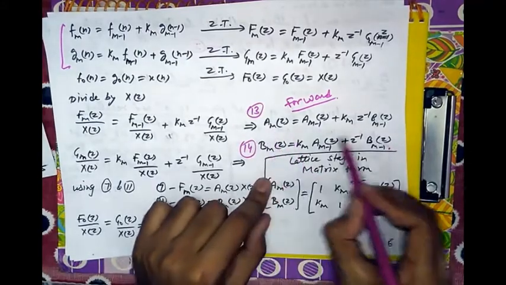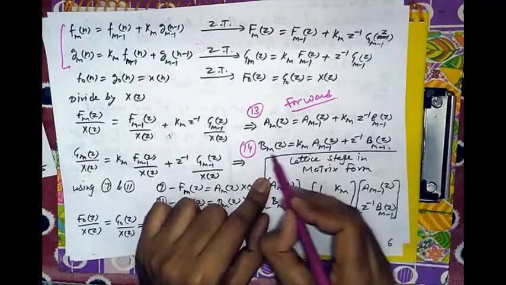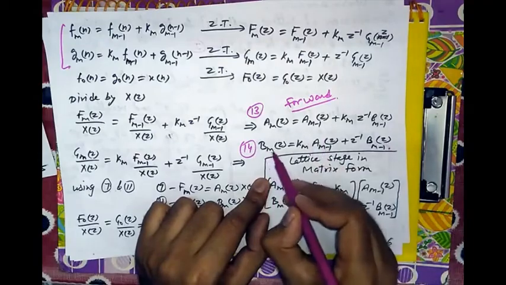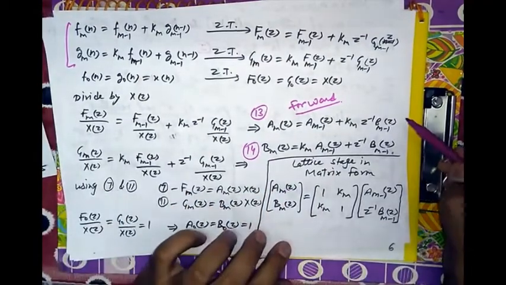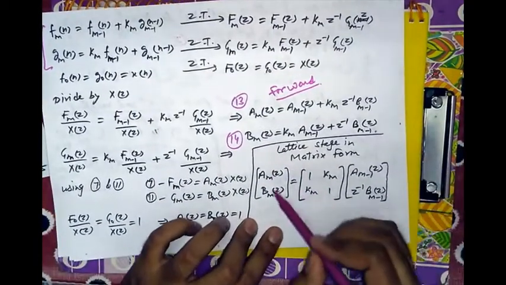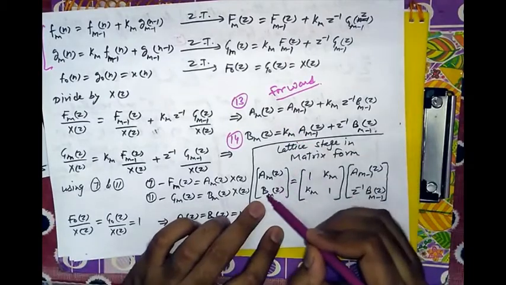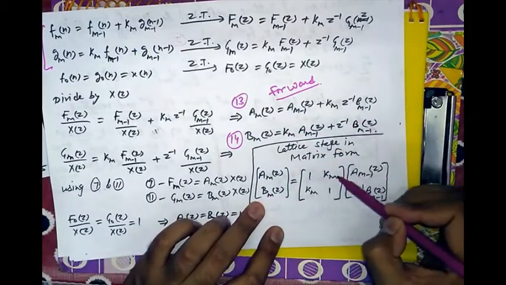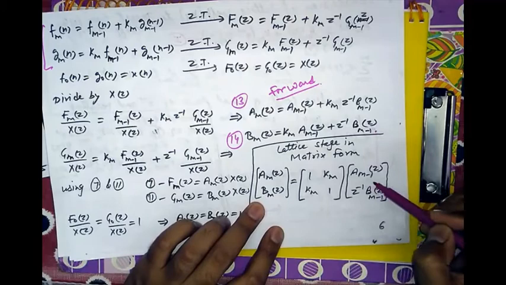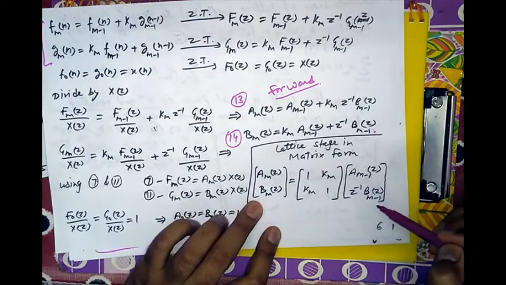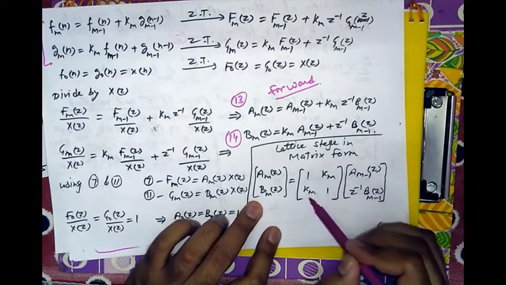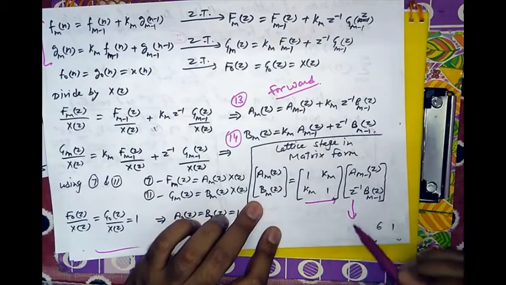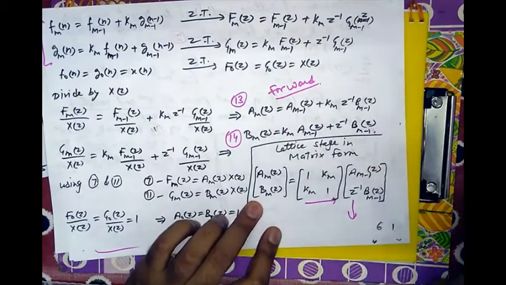And we can put these equations in matrix form also. You can check it, A_m(z) B_m(z), and this is in matrix form 1 k_m, k_m 1, A_(m-1)(z), z inverse B_(m-1)(z). Multiplying this form will give again the same equations in matrix form.